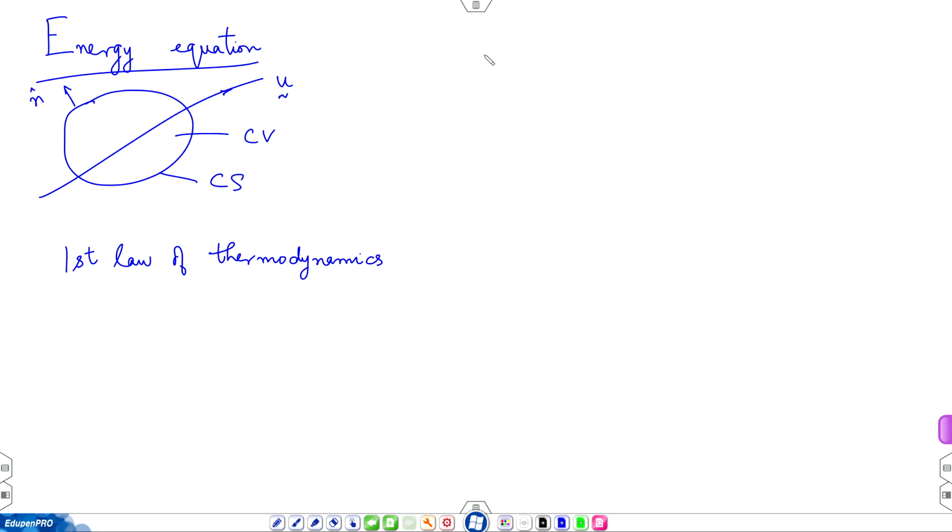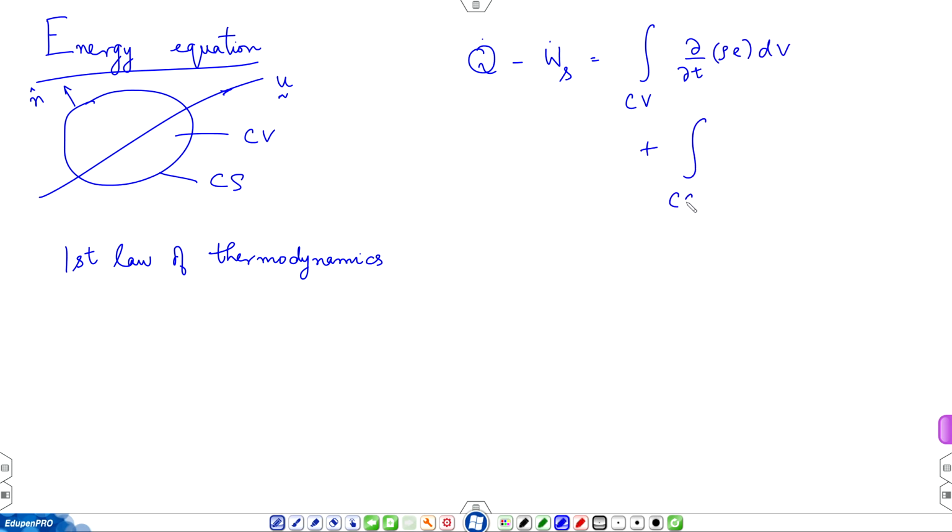So, you remember CV. So, the notation used is heat addition to the control volume is positive and work done by the material on the surroundings is positive.